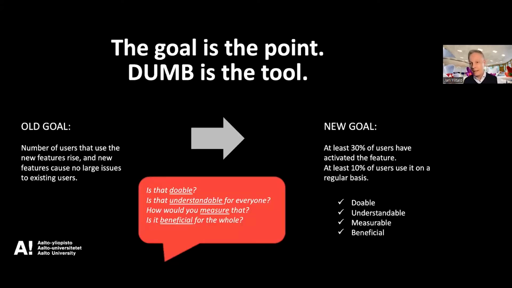So evaluate, assess how doable, how understandable, how measurable, how beneficial the goal defined is, and if it isn't, then how to define it so that it's valid against these criteria.